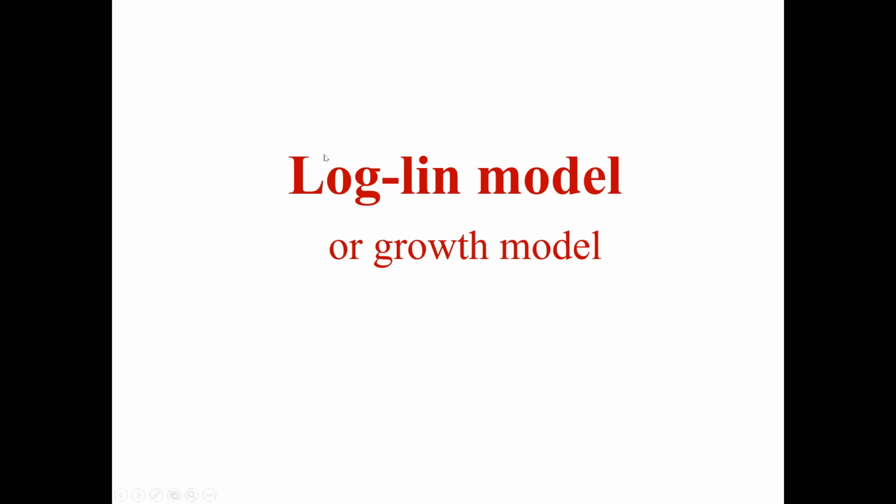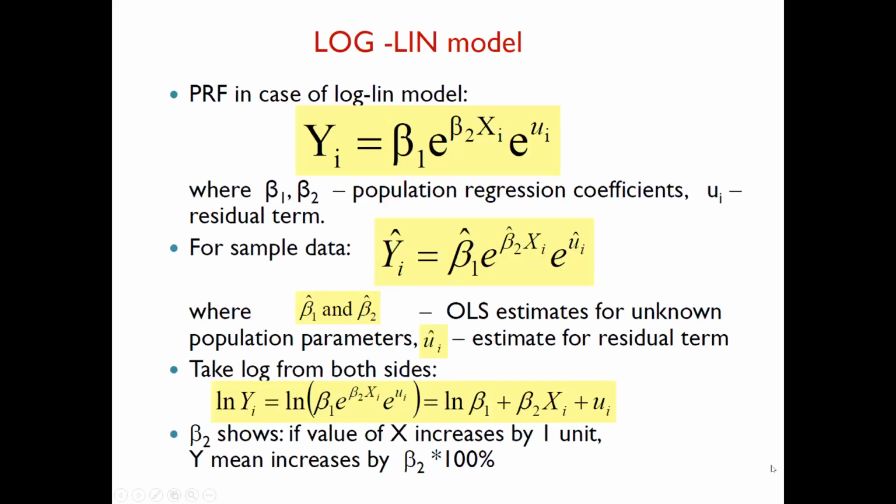It means that for y, the dependent variable, we are taking the log of all the values, and if we have only one independent variable, then we are using it as such, without transforming it. That is, taking the log of the values of the dependent variable and using the values of x, the independent variable, as such. This is the log-lin model.